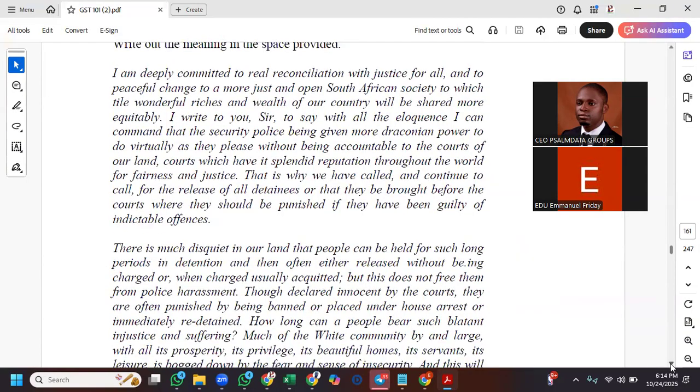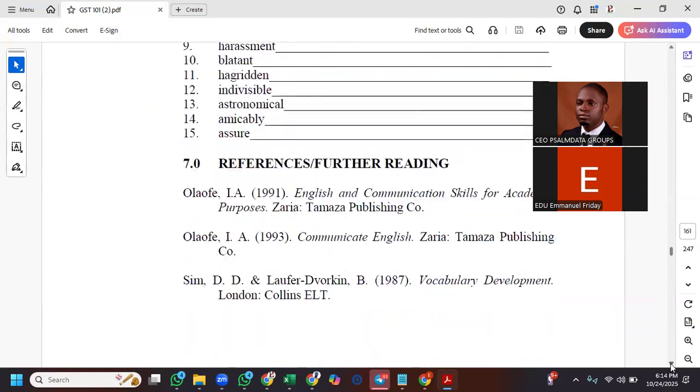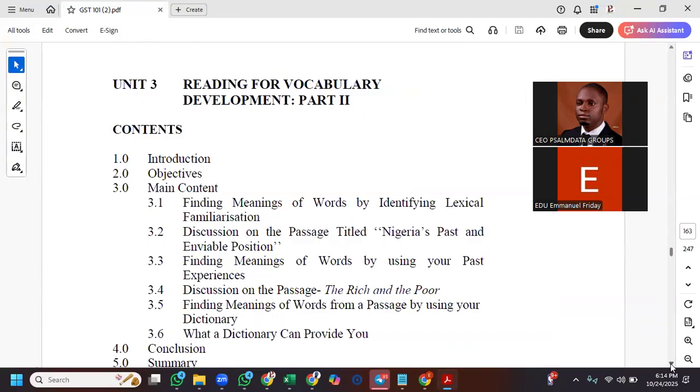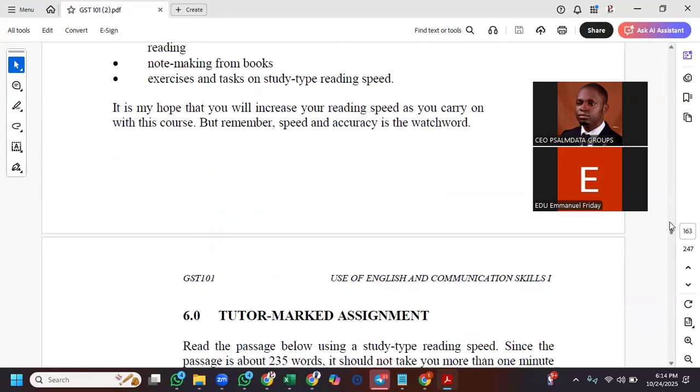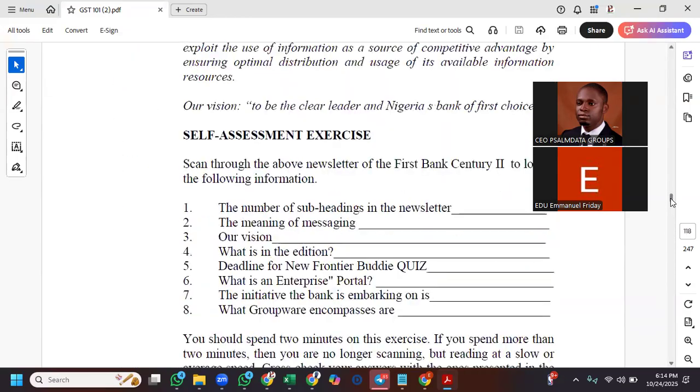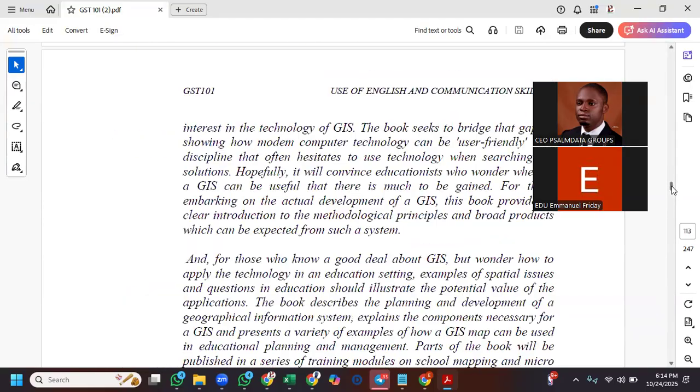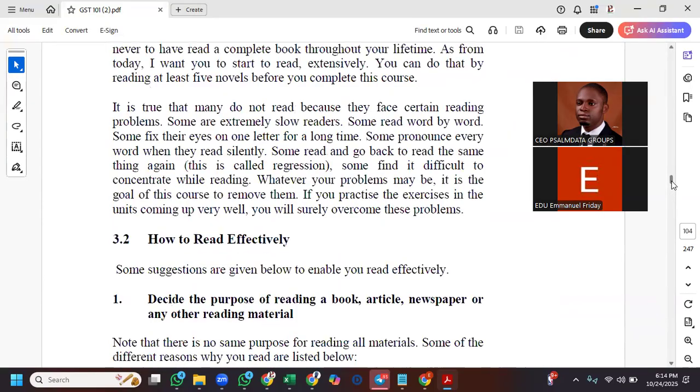Where do we have module 4 starting from? Unit 3, reading for vocabulary development. I think this is still, where did module 4 start from?